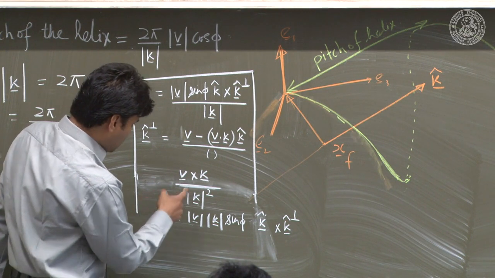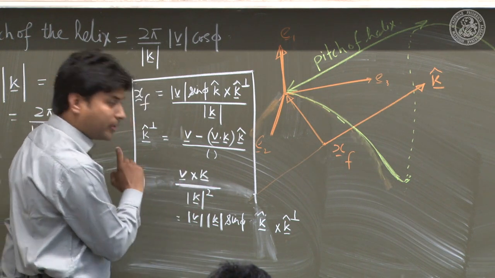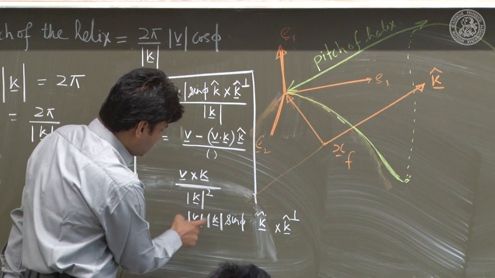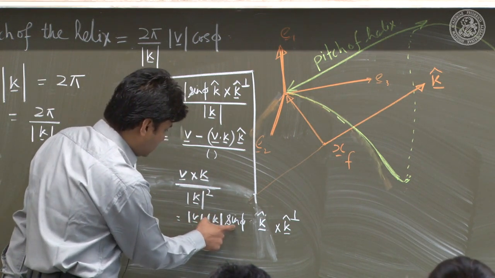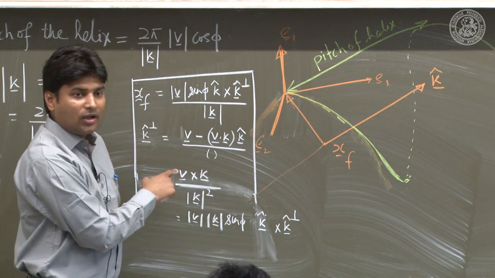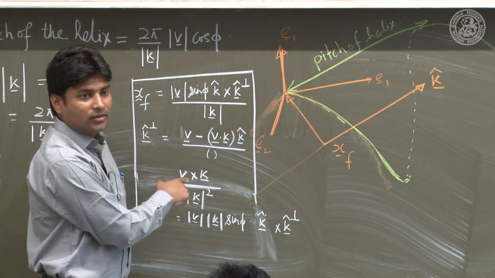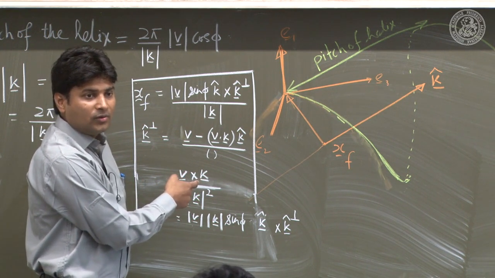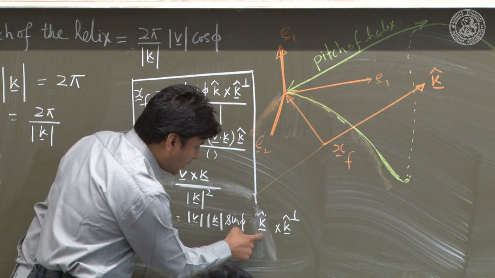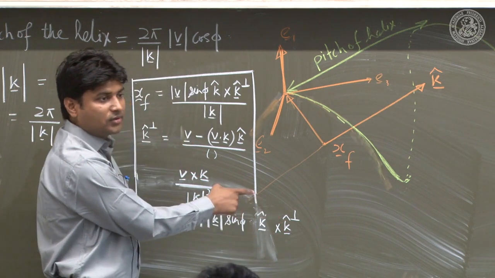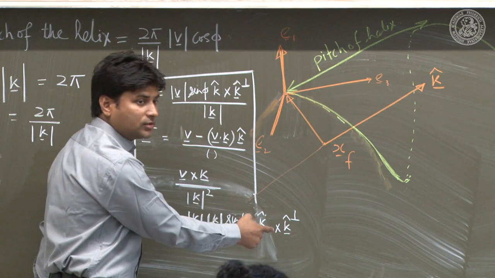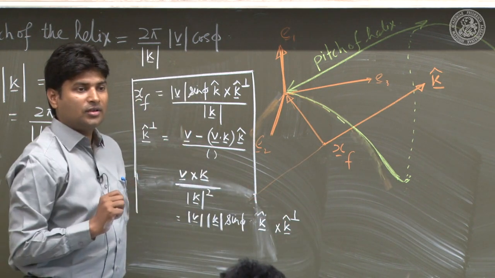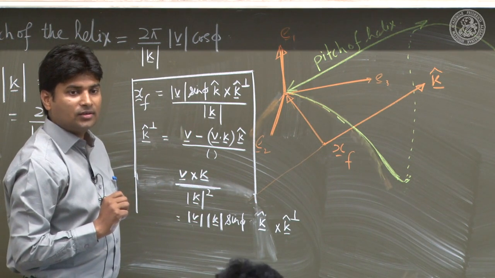Okay, let me see again. So this number on the numerator, what's the magnitude of this number? It's V times k times sine of phi. So that's the magnitude. And what's the direction? The direction is perpendicular to V and k, which would be same as k hat cross k hat perp, because they are both unit vectors. So direction will be given by this number also, isn't it?